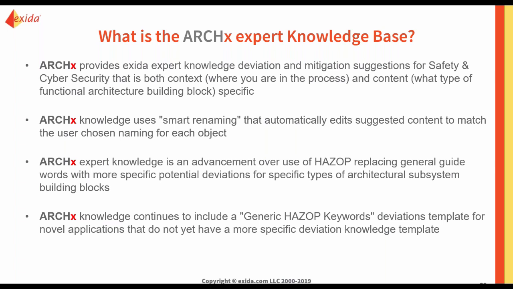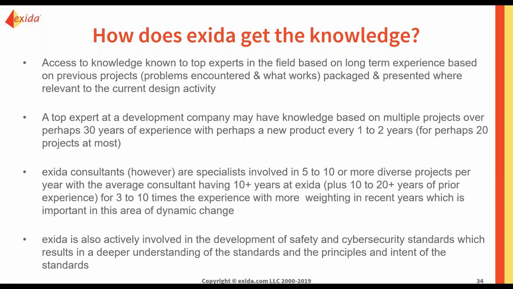Of course, the generic HAZOP words are still there if you want them, or you can hit the button and they will be entered into your program, so you can go through those to see if there's anything you've missed in your design.